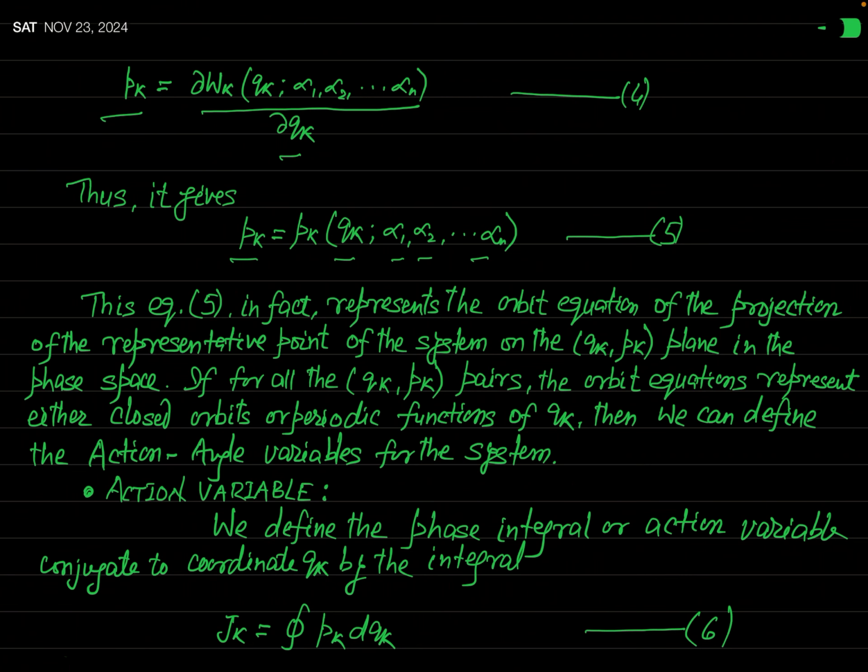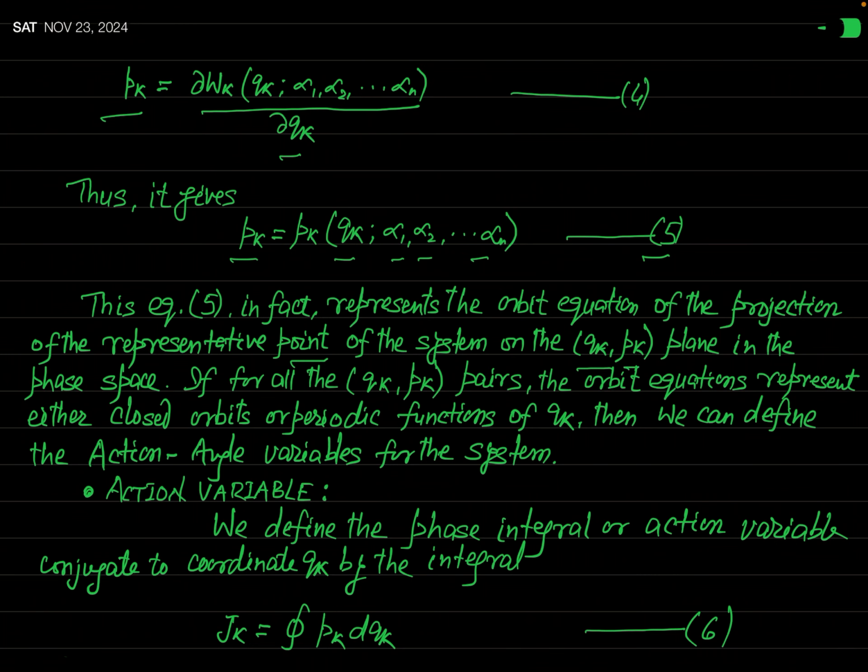In fact, this equation number 5 represents the equation of orbit, the orbit equation of the projection of the representative point, or the phase point, of the system on the plane qk, comma, pk in the phase space.